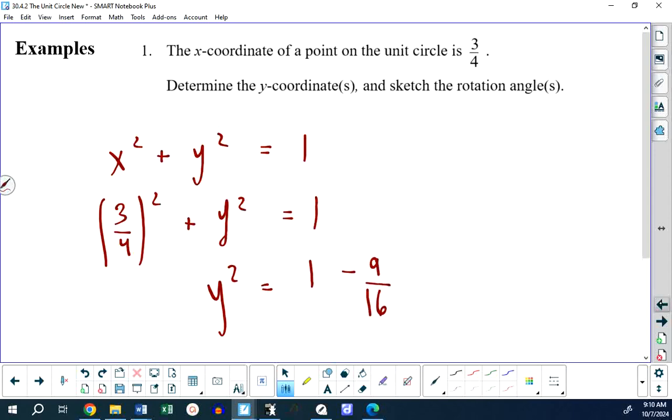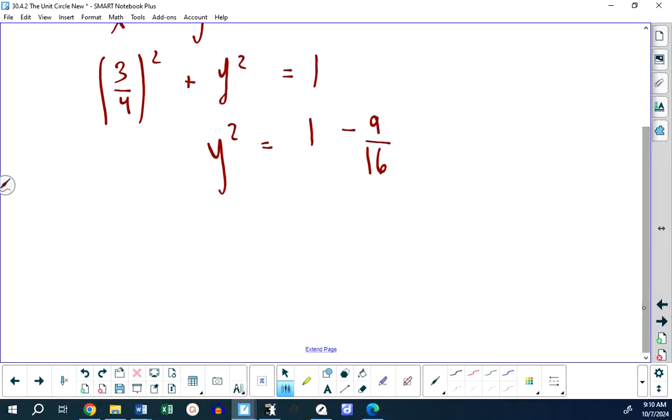Just take a minute and think about how I got 9/16. 3/4 squared. You square the 3, you get 9. You square the 4 to get 16. Well, 1 is 16/16. 16/16 minus 9/16 is, last I checked, 7/16, correct?